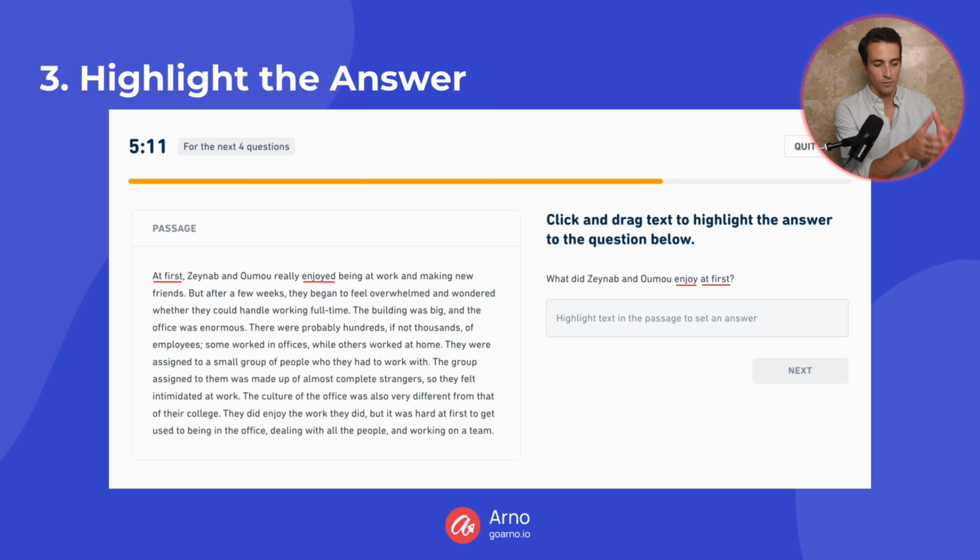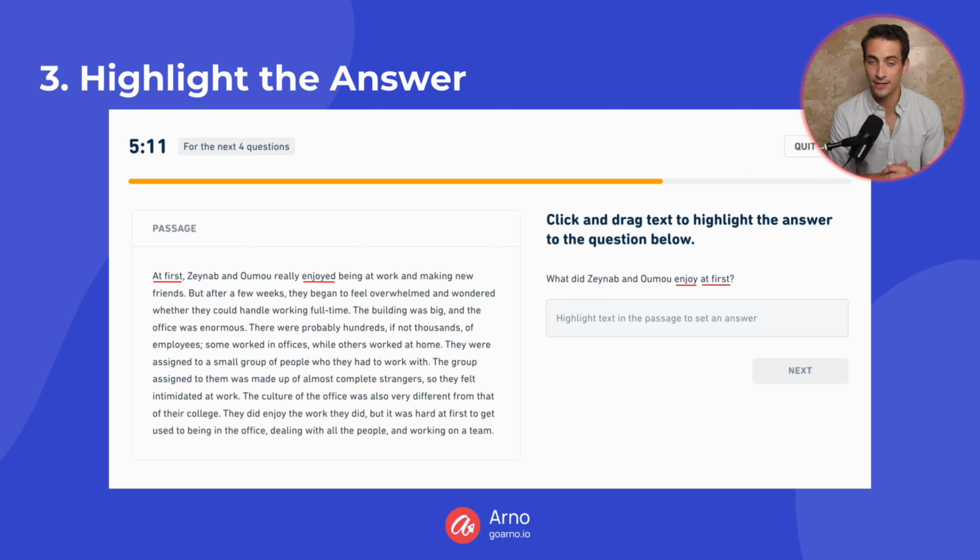Okay, so we found the similar vocabulary, and we can look at this first sentence to see if it contains the answer. So what did Zainab and Omu enjoy at first? Well, the first sentence reads, "At first, Zainab and Omu really enjoyed being at work and making new friends."